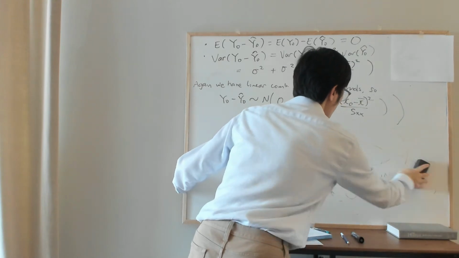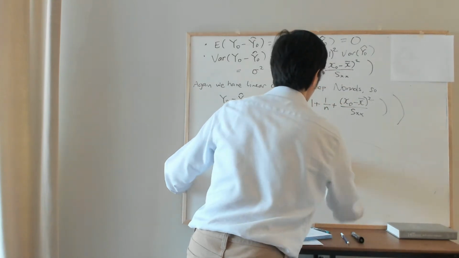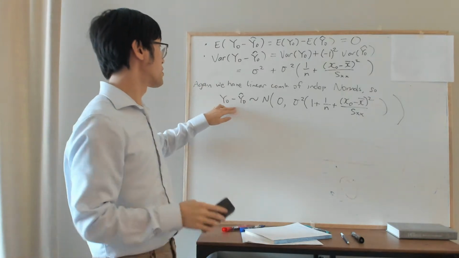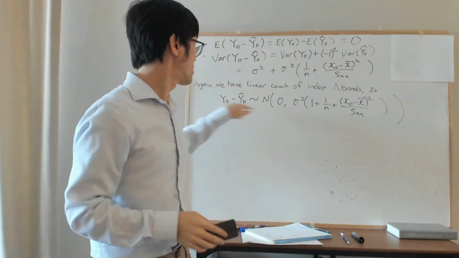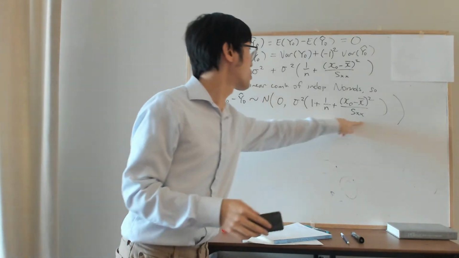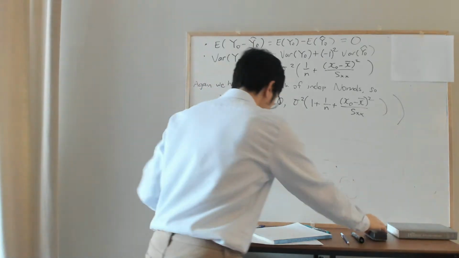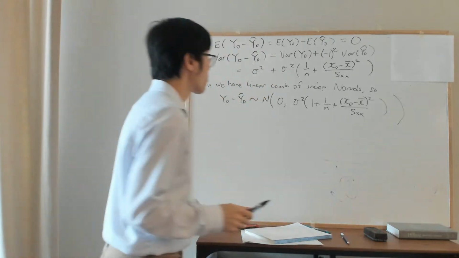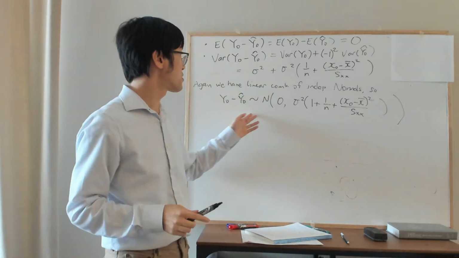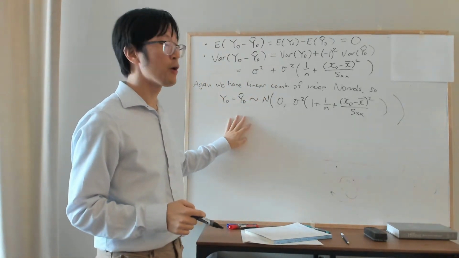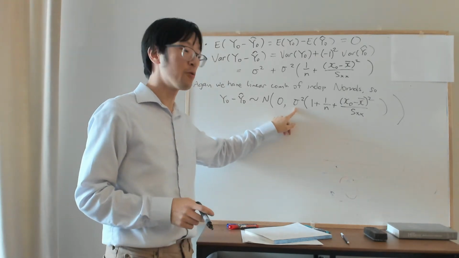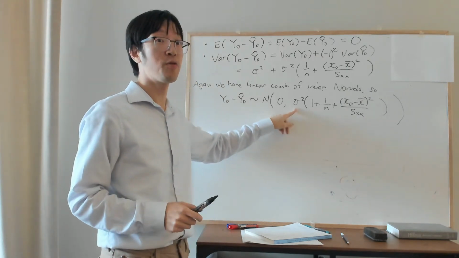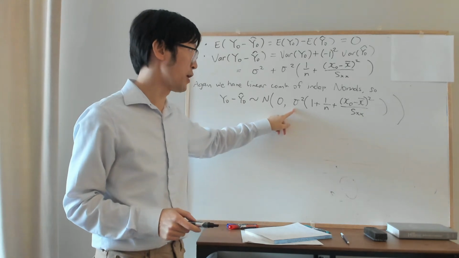The first thing to note is, again, we can take this expression and standardize it. We can divide by the standard deviation of the prediction error, so that's the square root of this variance. And just like in the case where we looked at a hypothesis test and confidence intervals on beta 1, we have a slight problem in that we don't know sigma squared. So again, we're going to have to plug in our estimate, sigma hat.